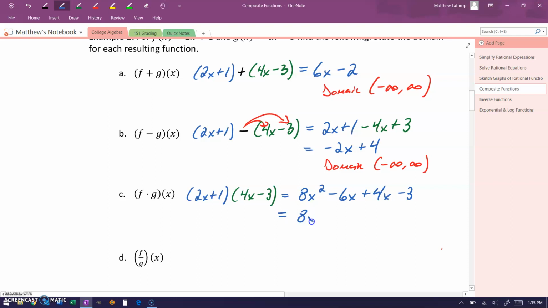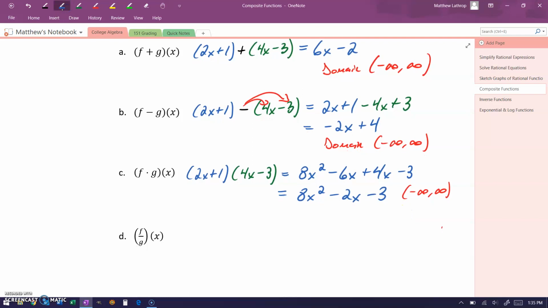Combining our like terms then would give us 8x squared minus 2x minus 3. Our resulting function is a polynomial, so still no domain restrictions, meaning our domain would be all real numbers, or negative infinity to infinity.